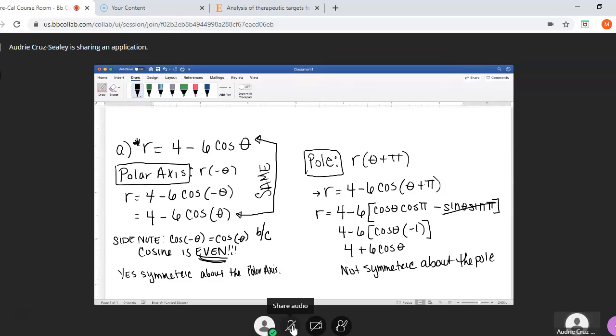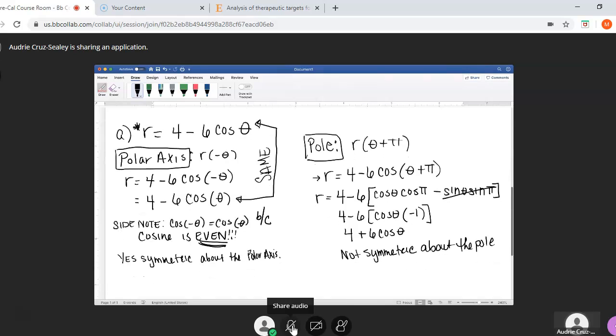This is not symmetric about the pole. Is that okay? Any questions? Moving right along.